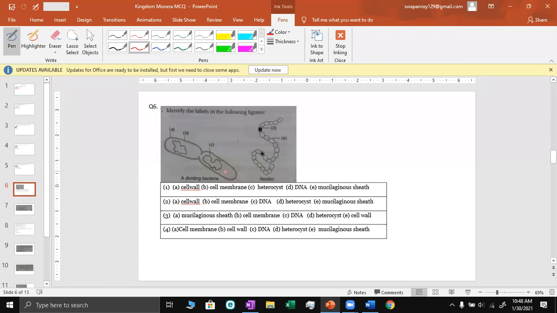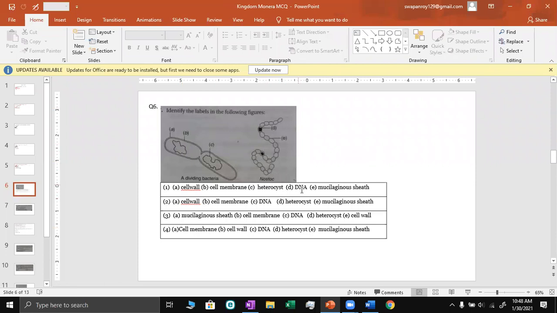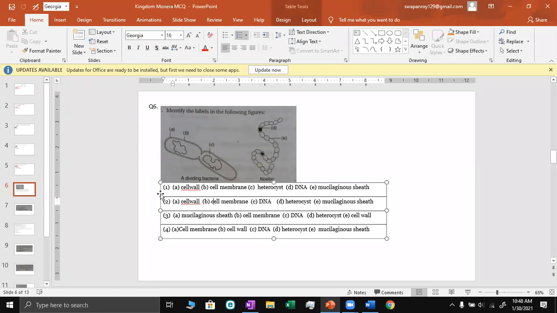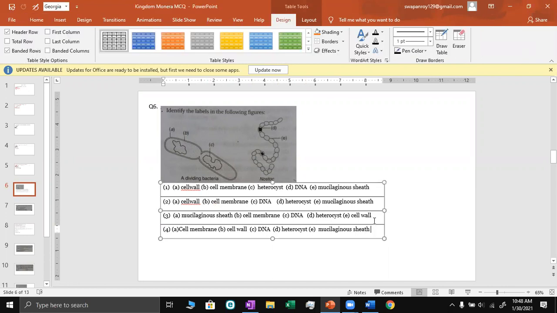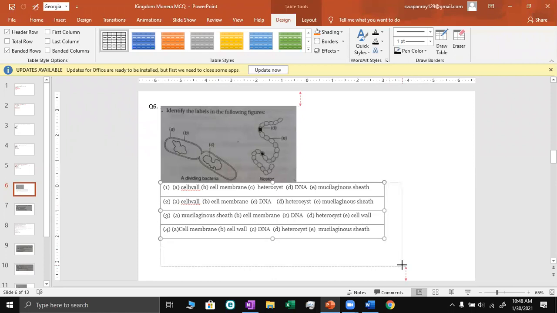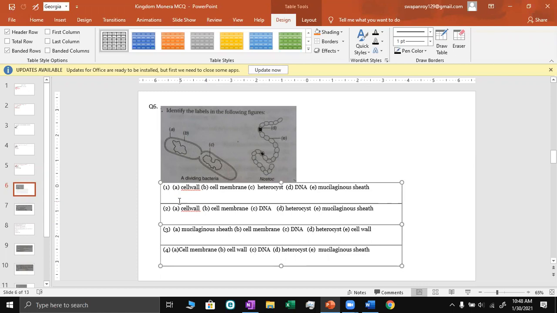One is a dividing bacterium, and another is written as Nostoc.